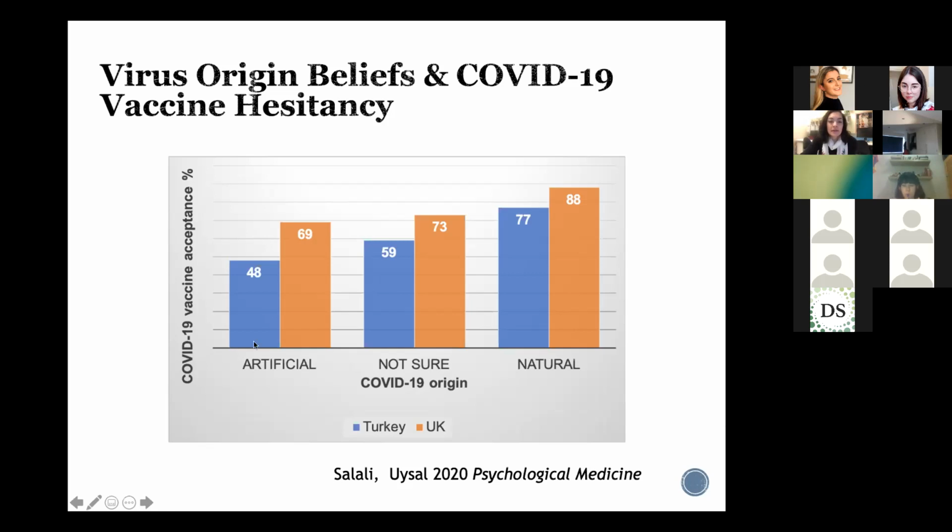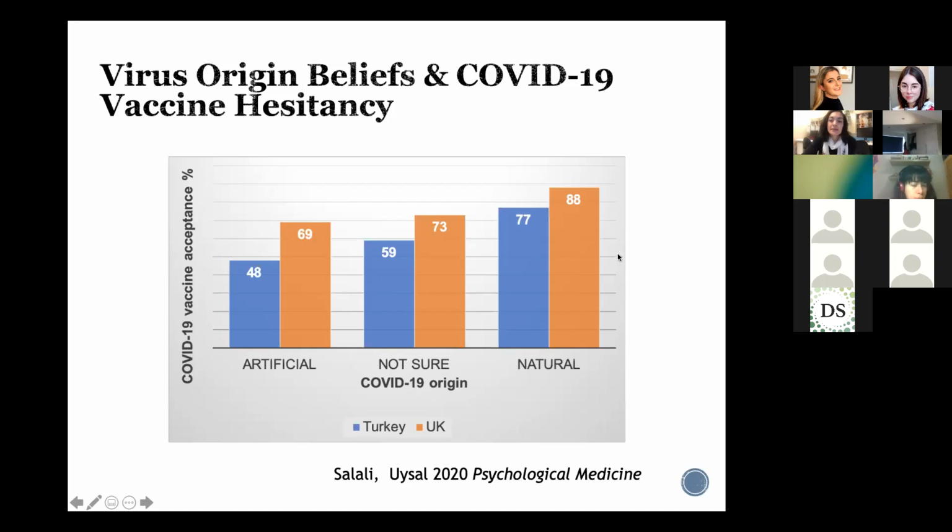Here you see blue bars showing results in Turkey and orange bars showing participants from the UK, and the proportion of people accepting a potential COVID-19 vaccination.